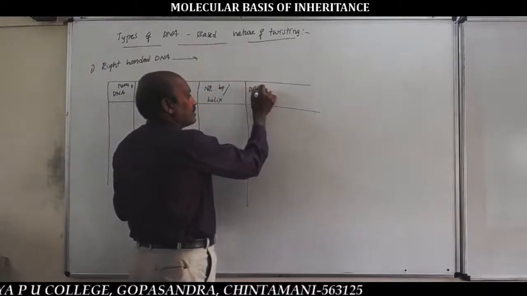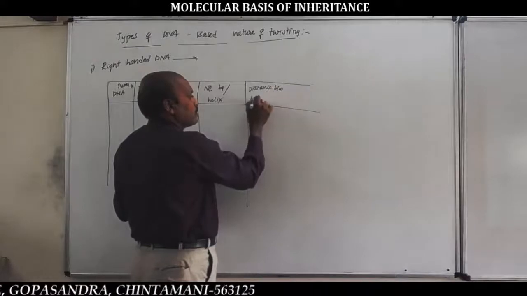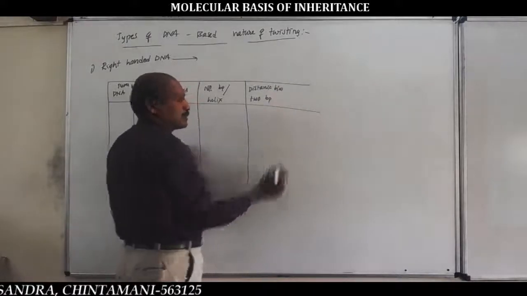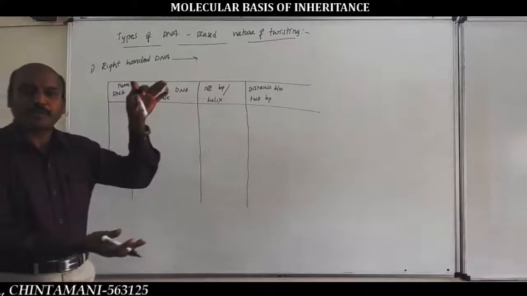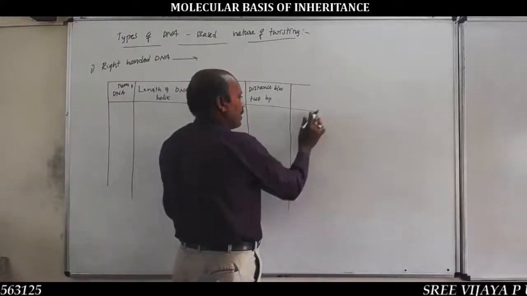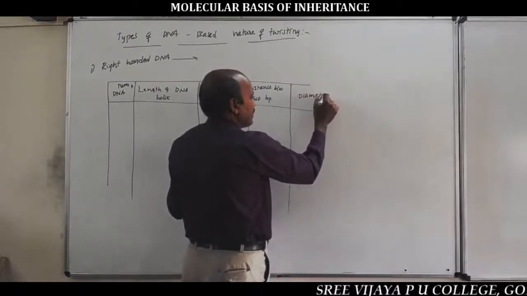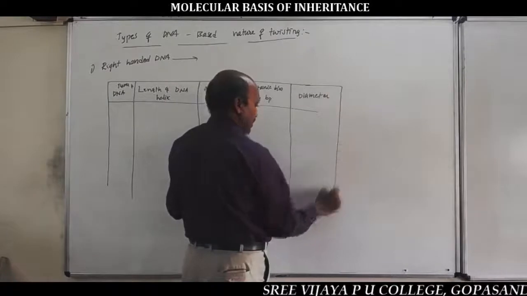Next one, distance between two base pairs, space between two base pairs. And the last one is the diameter of DNA.